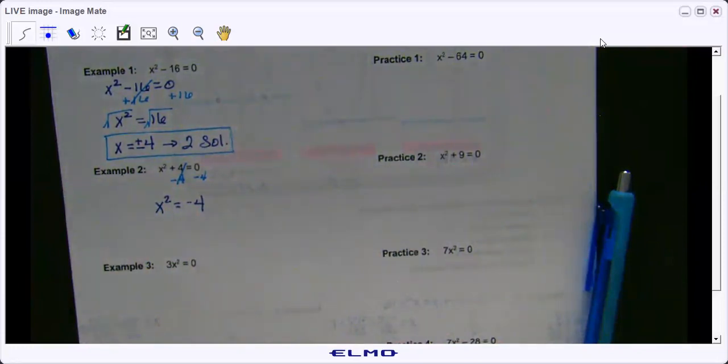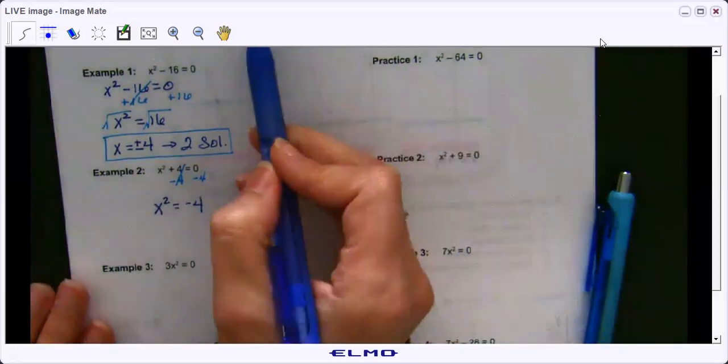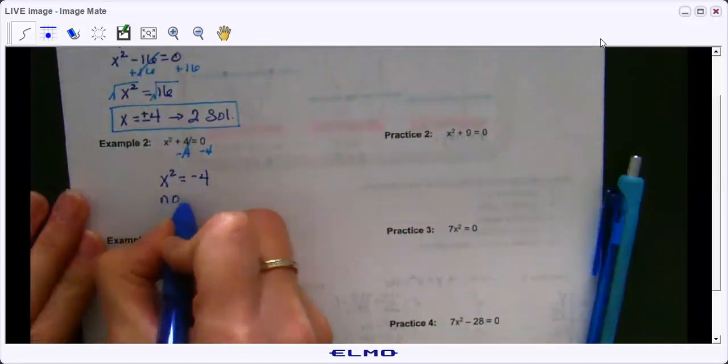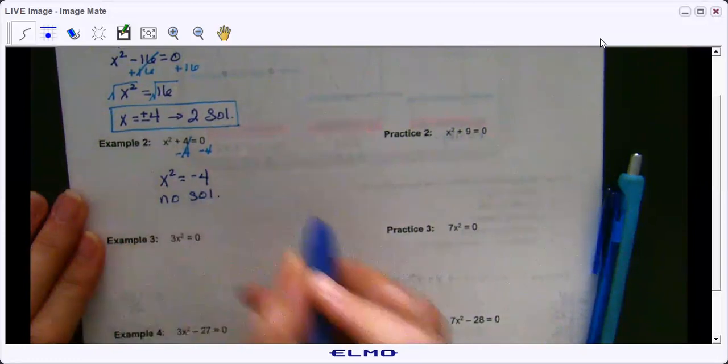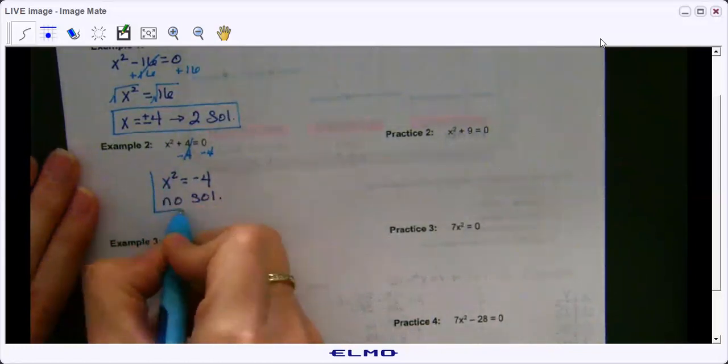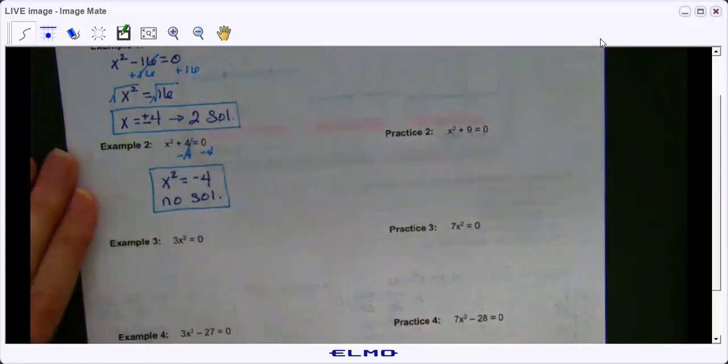So because our x squared results in a negative number, and our notes up here say a negative number is no solution, then we know that there is no solution. You can, but that's when you get into something called imaginary numbers, and you'll learn that in algebra 2. And good job. Okay, so this is as far as we're going to go with this one.